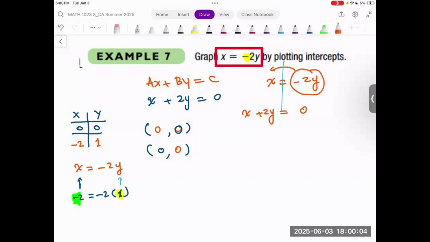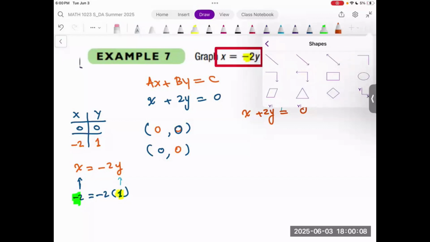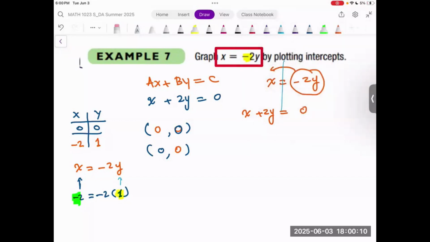Okay, so we are ready to plot it. It could be any other number, right? You have an infinite number of choices there actually. So let's plot the 2 points. The first one is at the same time the x-intercept and the y-intercept. That's going to be the center, the origin. And the other one is going to be minus 2, 1. So let's say this is minus 2 over here, 1 over here, and this point is going to be there, right?